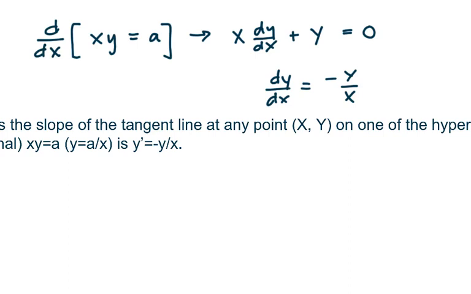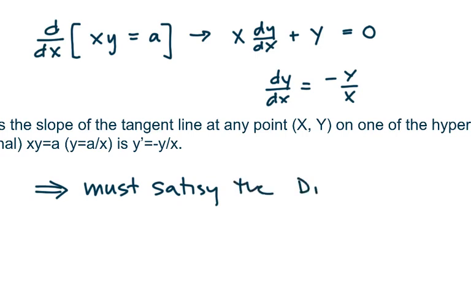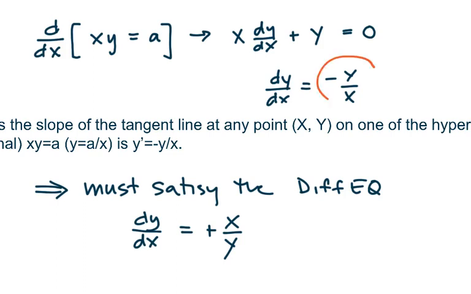And something else that we know is that these orthogonal trajectories must satisfy the differential equation dy/dx equals positive x over y. Because in order to be perpendicular, you're going to need that negative reciprocal slope.